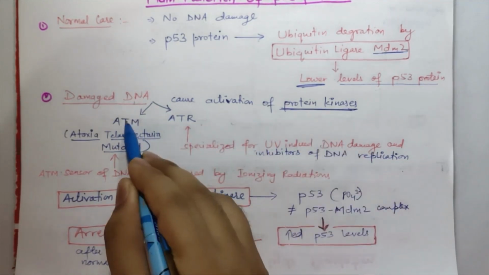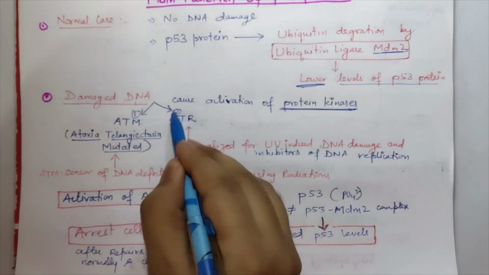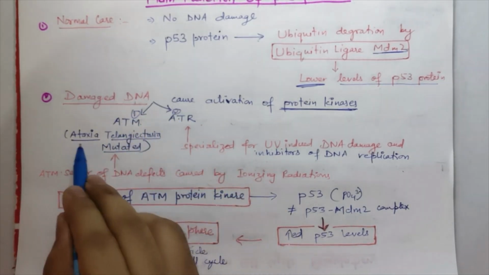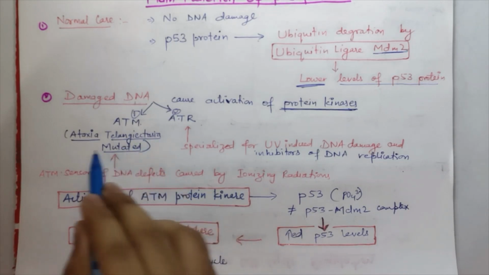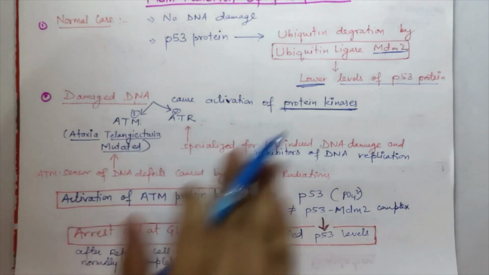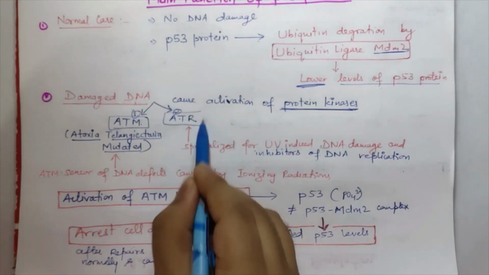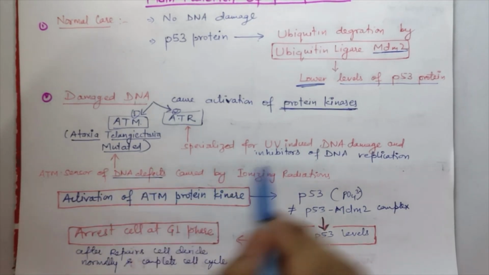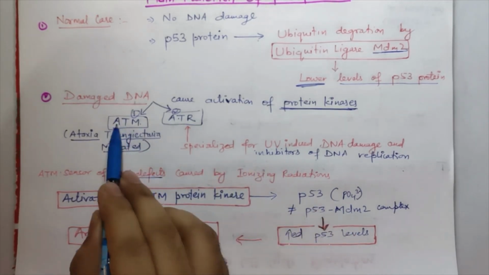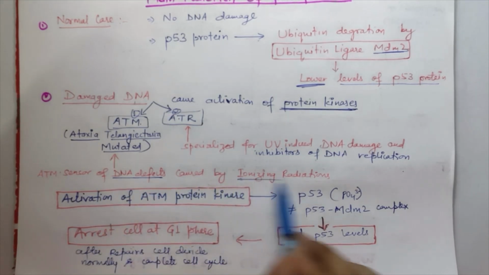ATM stands for ataxia telangiectasia mutated protein kinase. These protein kinases are basically sensors. They sense DNA damage or defects. ATM is a sensor for DNA defects which are caused by ionizing radiations.